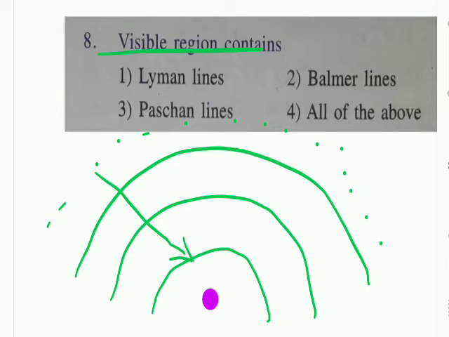When electrons jump from a higher orbit to the second orbit, this region is the Balmer series. The first region contains ultraviolet rays, the second region, where n is equal to 2, contains visible rays. The Balmer series contains visible rays.